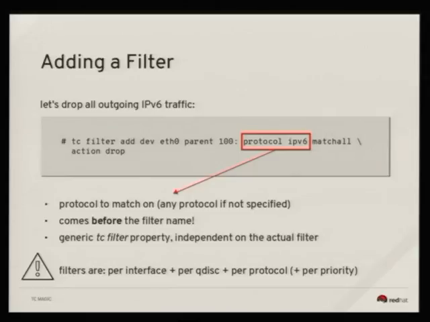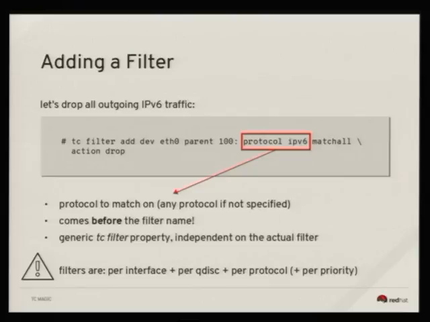So each packet, when the packet enters the Qdisc, and there are filters attached to the Qdisc, then TC looks at those filters, and before it executes the filter, it decides whether the filter should be used or not based on protocol.